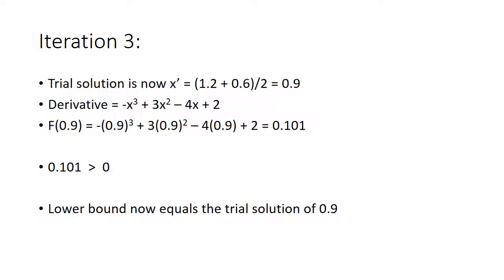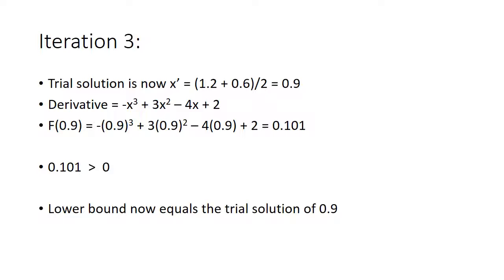We now move on to iteration 3. We are going to reevaluate our trial solution once again, so it's going to be the average of the upper and lower bounds. Our upper bound is still 1.2, but our lower bound was changed to 0.6. So we take the average of that, and we get a current trial solution of 0.9.